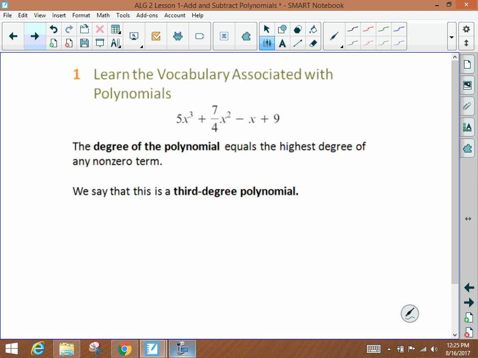Hey, the degree of this polynomial is going to be the highest degree of any non-zero term, which is all of the terms in this particular expression. So we're going to say that this is a third degree polynomial because you can see that term 5x cubed, that has the highest degree, right? The highest exponent in this expression, which is 3.